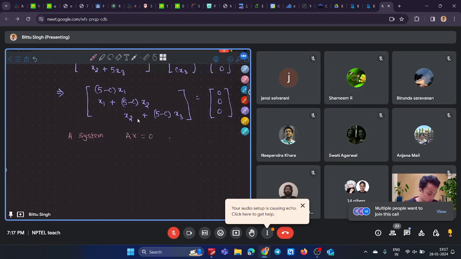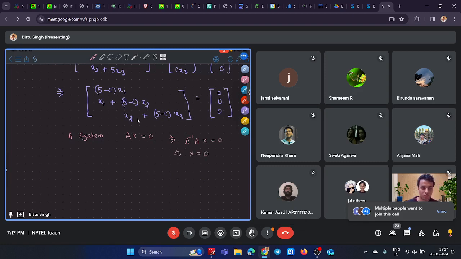When it is invertible, this implies A inverse Ax equals 0. Therefore, x equals 0. So then x has only one solution, which is the trivial solution. But if A is not invertible, this system has a non-zero solution. Okay.